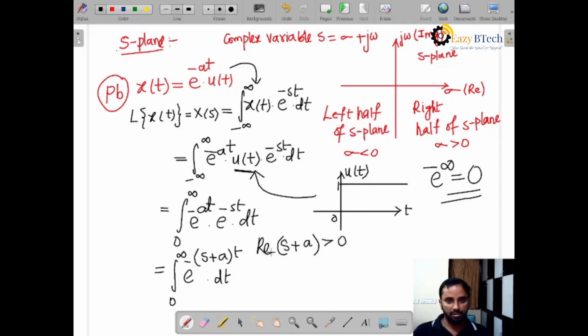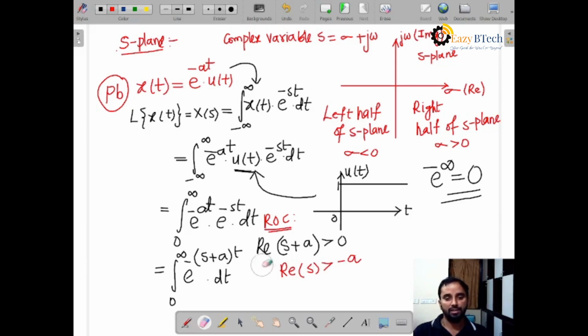This way of thinking is called the ROC for the given signal. So what is the ROC? This s plus a value should be greater than 0. The real part of s plus a is greater than 0, so the real part of s is greater than minus a.